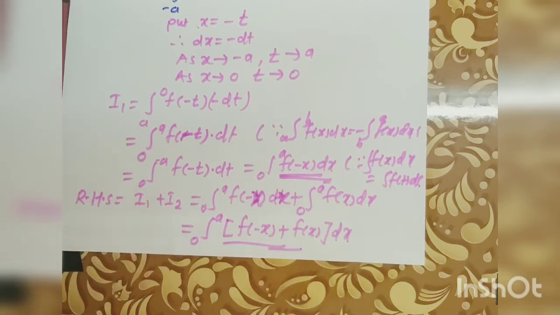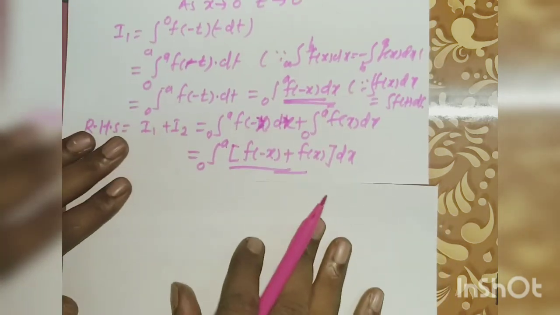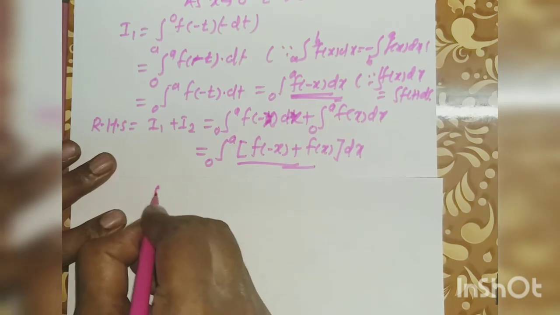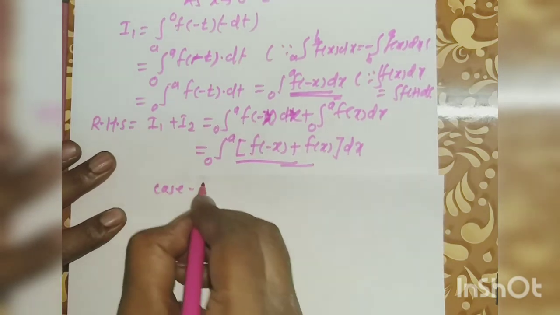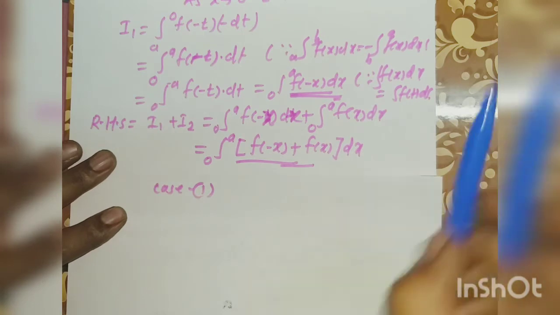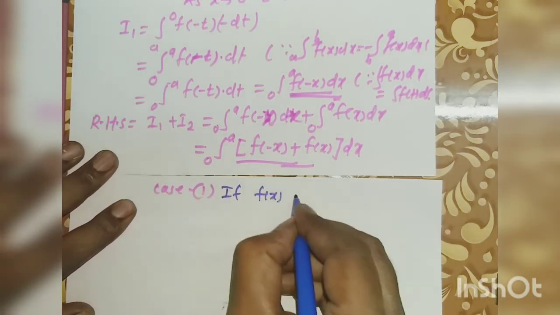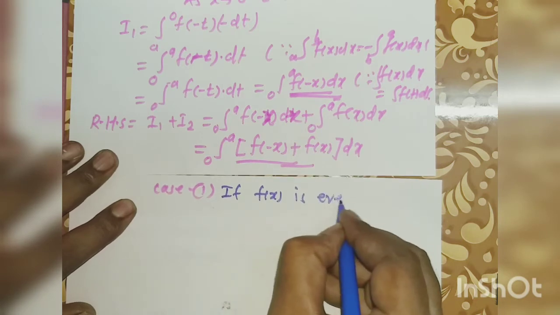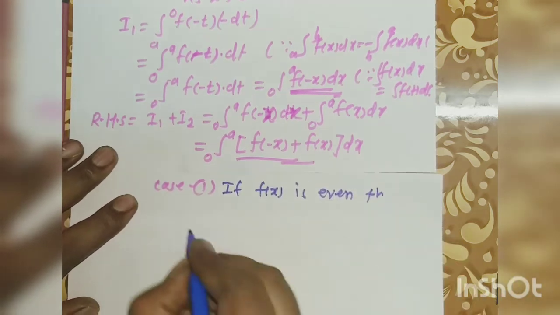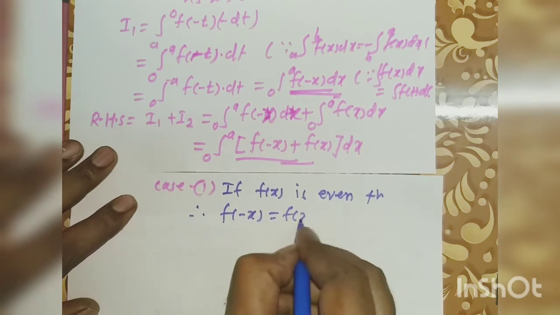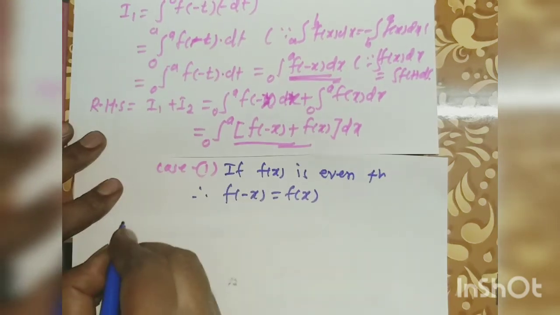Now continue this. Case first, if f of x is an even function, therefore f of minus x is equal to f of x.